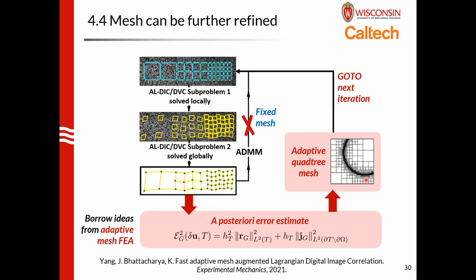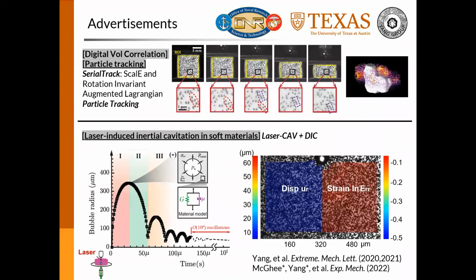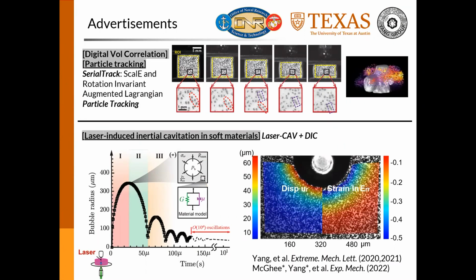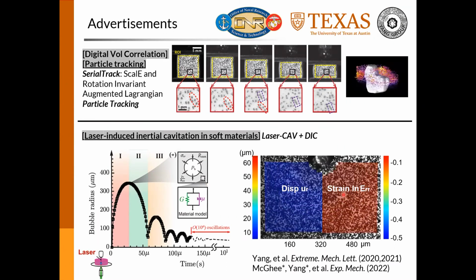But if your deformation is very large, over 30%, I would recommend the incremental mode. All the videos I showed for the cavitation, with more than 1,000% strain, used the incremental mode. So here I do two things. First, for each deformed frame, I have the quadtree mesh. Secondly, I use the incremental mode.